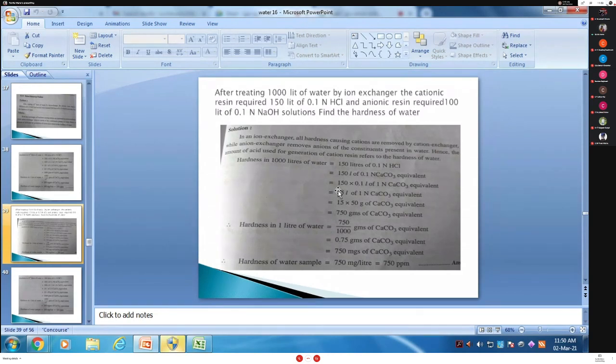Write down 150 into 0.1 normal CaCO3 equivalent. Then the next step: what is the answer? 15 liters of 1 normal CaCO3 equivalent.